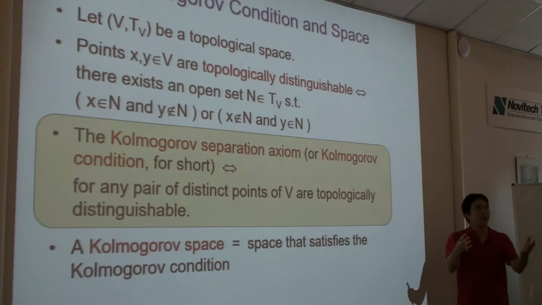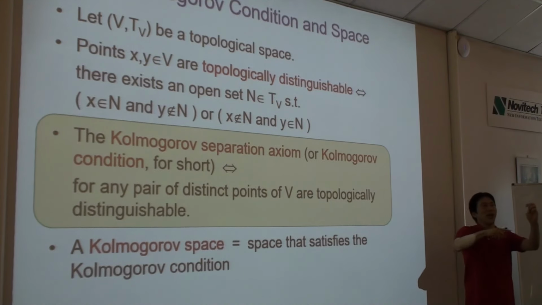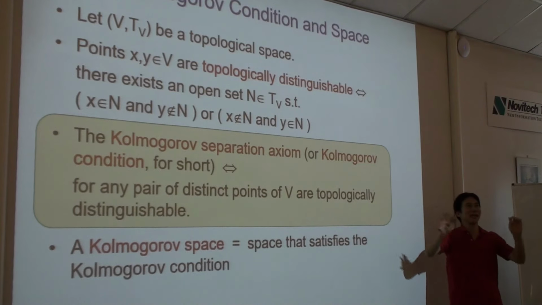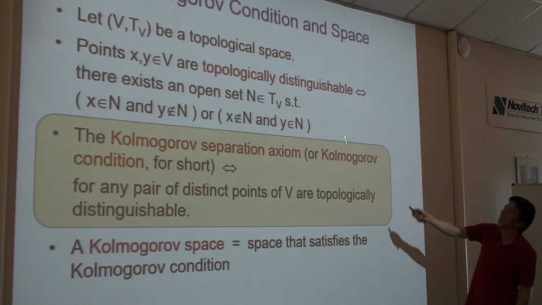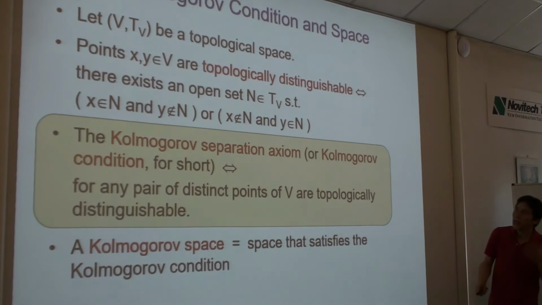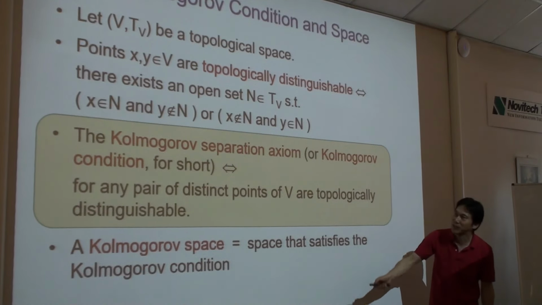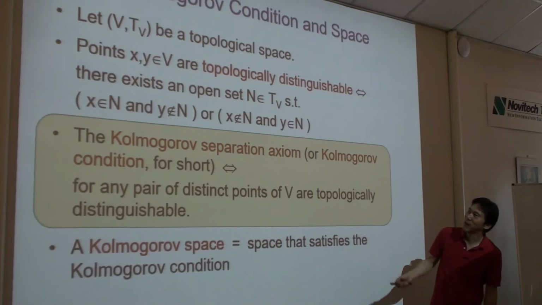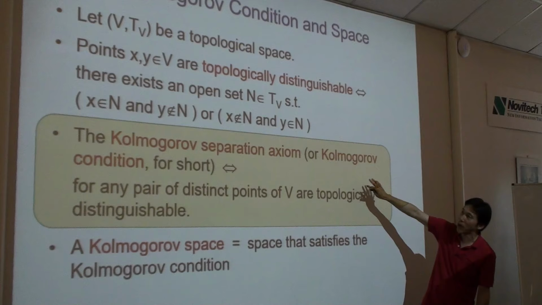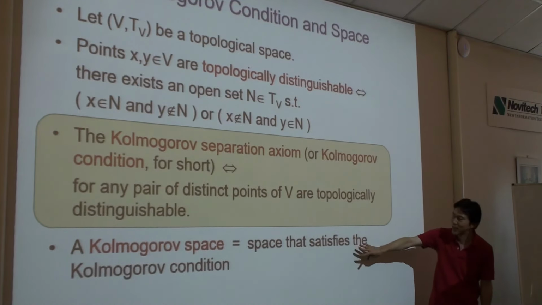You have two points, right? You can draw a circle including one but not the other. So that means an open set distinguishes the two points, right? So every two distinct points can be topologically distinguished. That particular topological space is said to satisfy the Kolmogorov condition. The Kolmogorov space is the space that satisfies this condition.